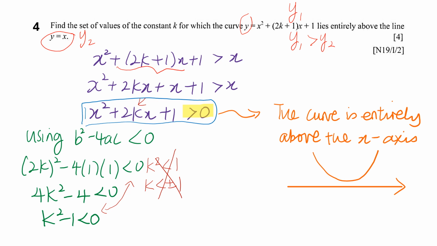You can't do that. Remember, we are solving a quadratic inequality, not an equation. So you can't do that. Then what do we do? Yes, you factorize it. k squared minus 1 is something like your a squared minus b squared. You can factorize it to be k plus 1 and k minus 1.